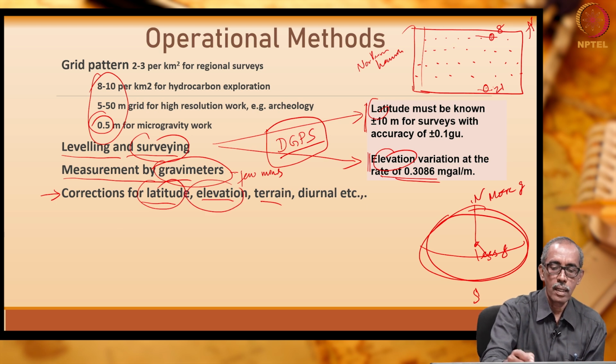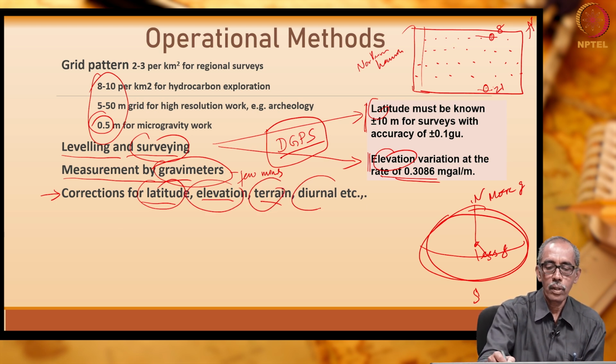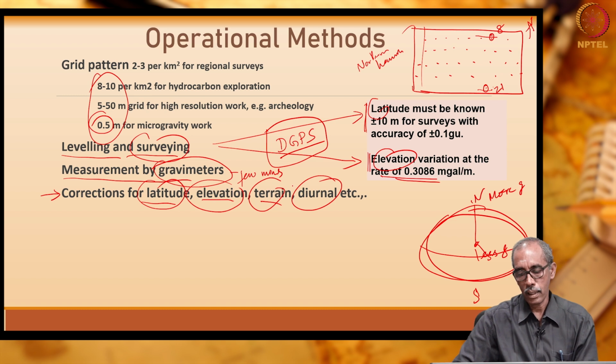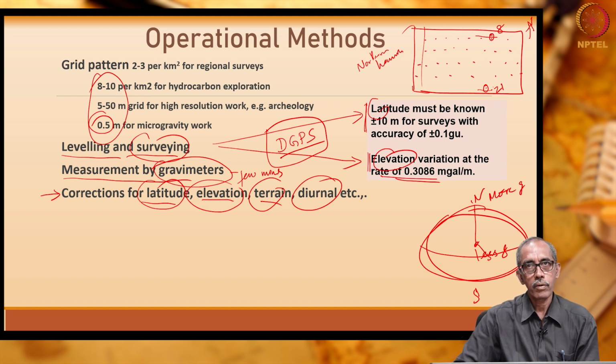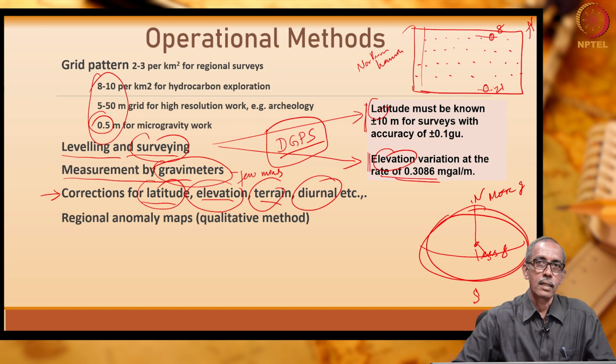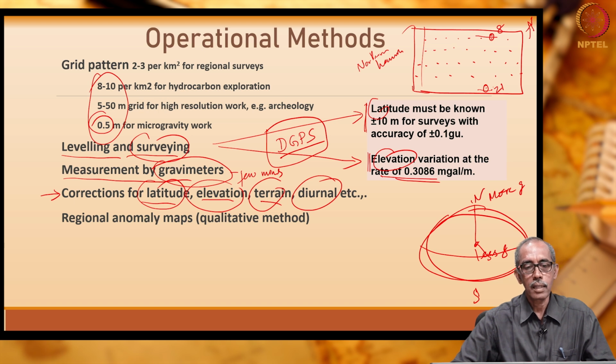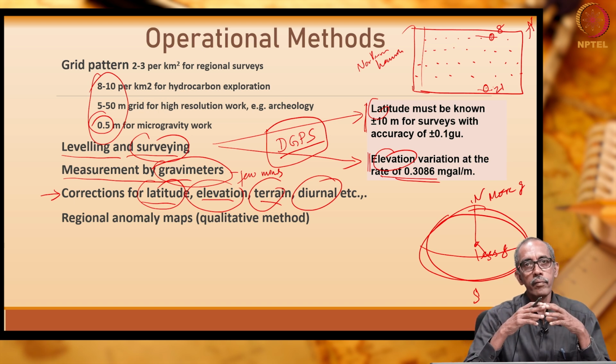Similarly, elevation, terrain, diurnal we had seen under drift. All these corrections have to be given. After you carry out all these corrections, that means after you have corrected the readings, then the data is ready for interpretation.